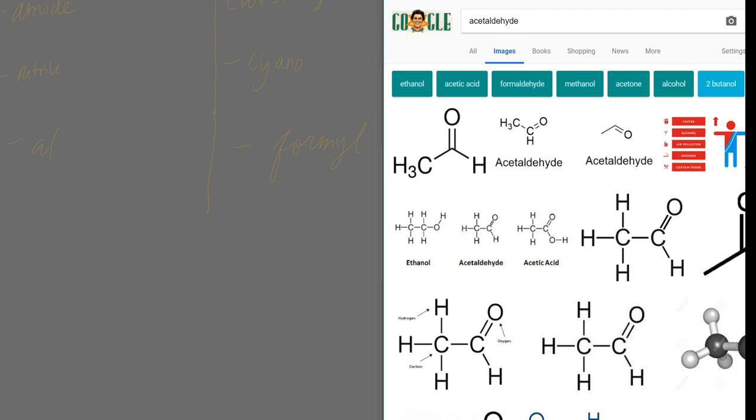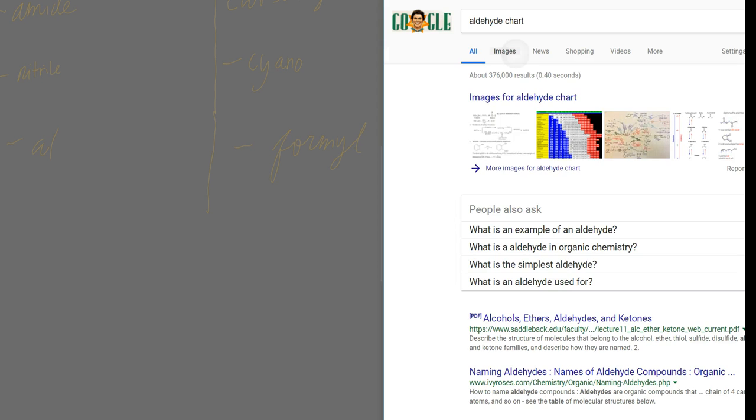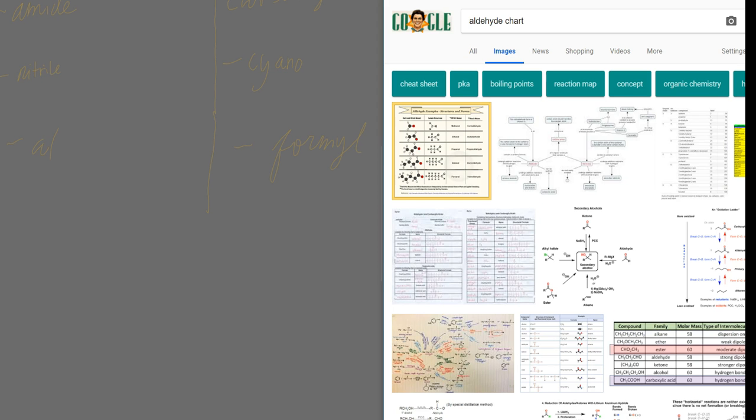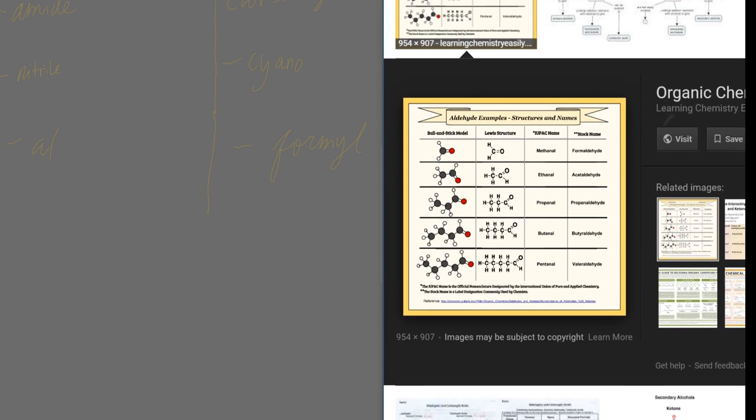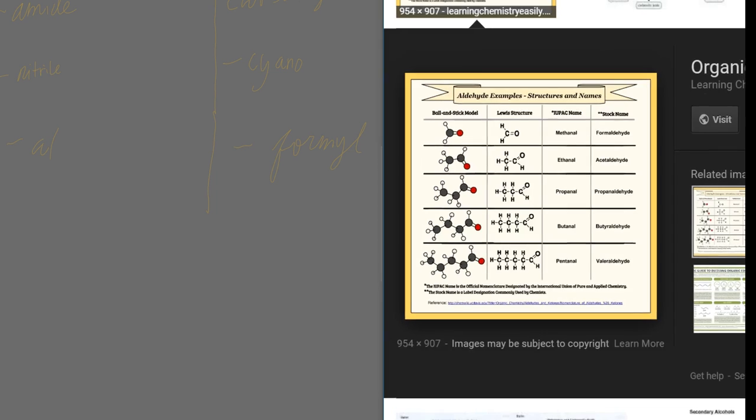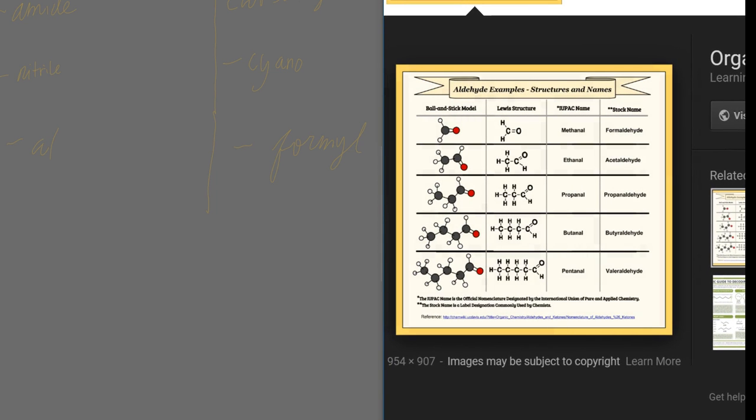Let's take a look. So there's methanol, ethanol, propanol. Propanaldehyde is the IUPAC name versus the common name or the stock name in this case.